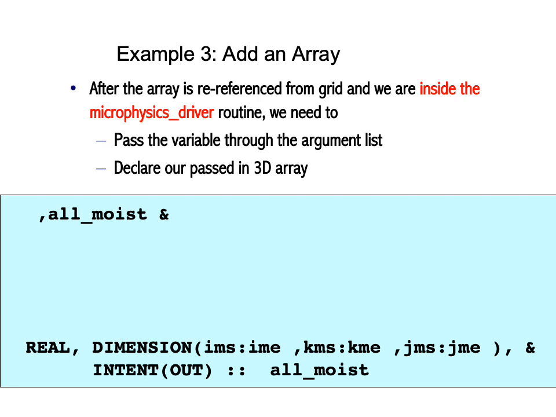We make it an intent out, so it's clear what's going on. This variable is not input. We're simply summing all of the moist variables, and we're going to put them into all_moist, and we're going to output that. The whole purpose for outputting this is, remember, in the registry, we set the IO string to H. This is going to be in the history. That means this variable can appear in the WRF output file.